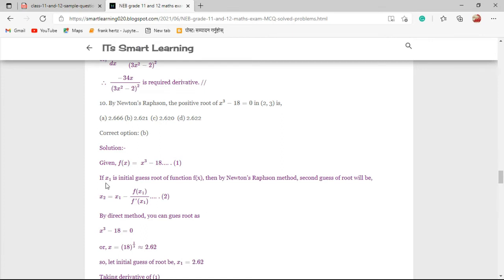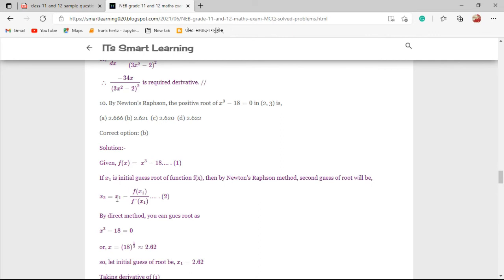Newton-Raphson's method means you go on guessing roots with many steps, and after many steps of assuming and calculating, you will find a nearly precise value of the root.